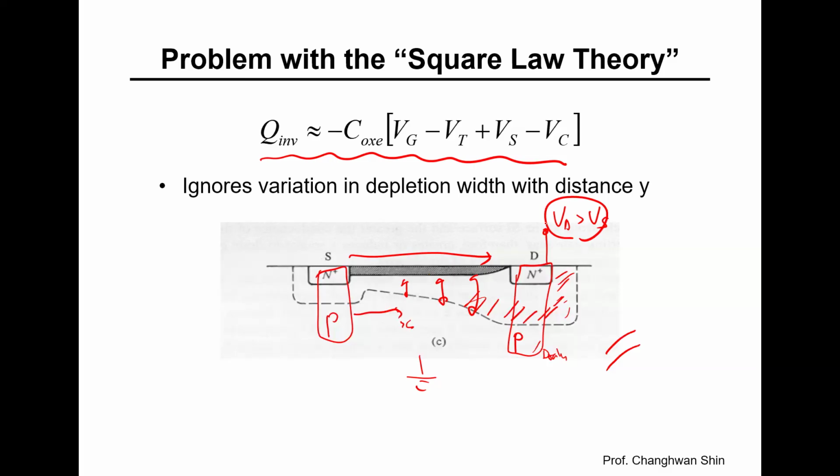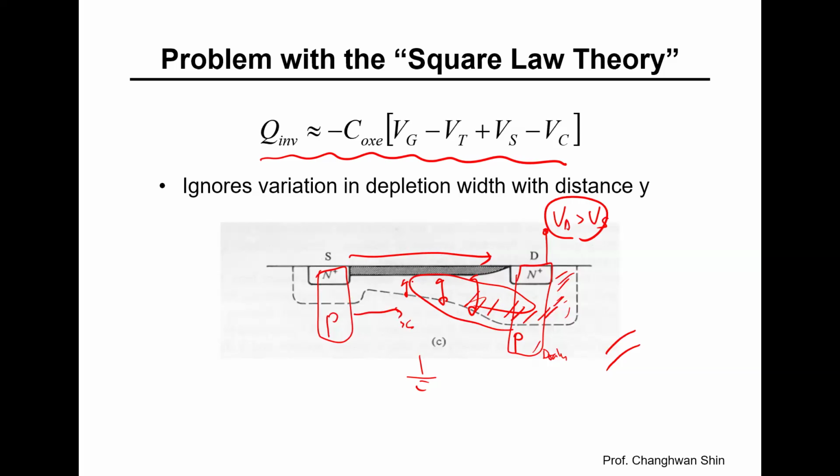This variation affects the threshold voltage along the channel and the relationship between terminal voltages and current. In modern aggressively scaled down short channel devices, this effect becomes increasingly significant, making the square law model less accurate. It is like how a simple map works fine for short distances, but fails to account for the Earth's curvature over long distances.